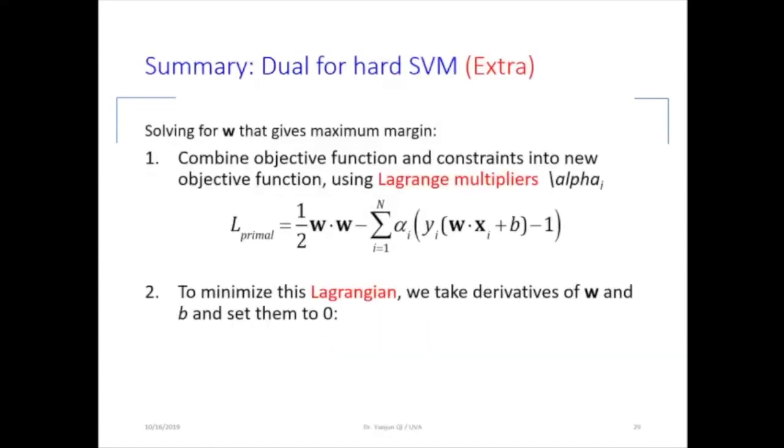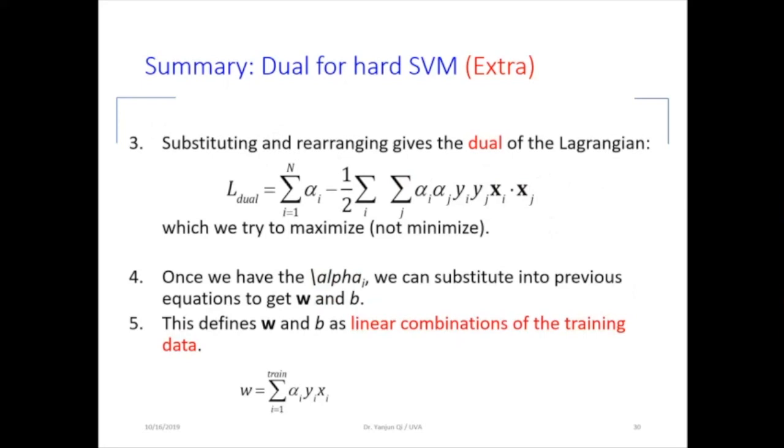So let's just recap. Lagrangian multiplier and minimize Lagrangian in terms of W and B, and then substitute W and B with the alpha and yixi. You get the dual form, then you maximize it, and after you have the alpha, you can get W. You can also get B. In fact, people don't have W and B at all. People just directly perform training by getting alpha, then perform testing directly using alpha only too.